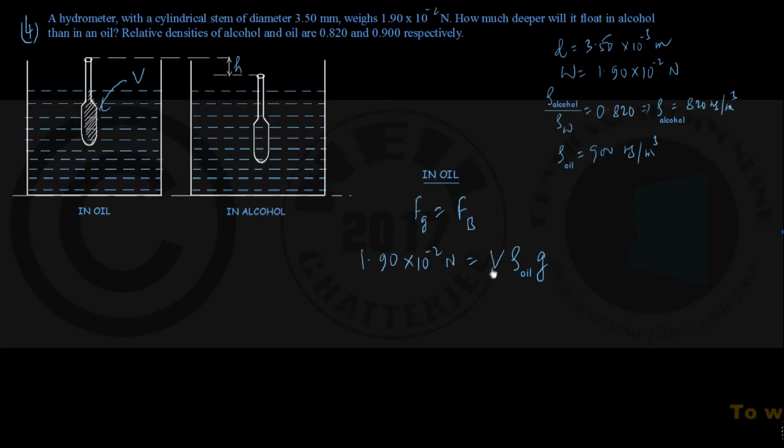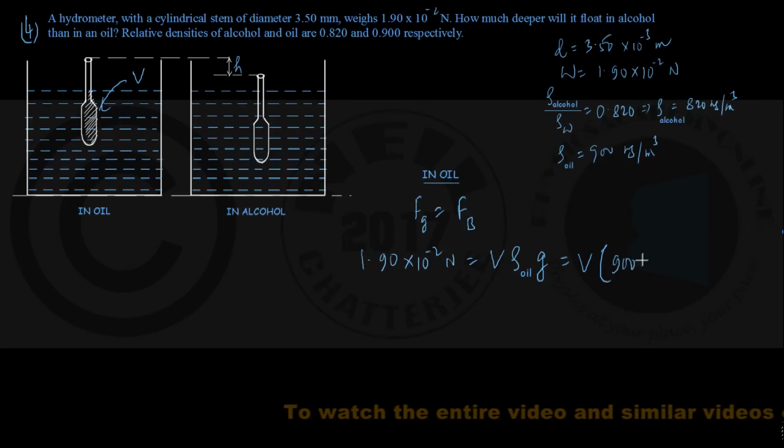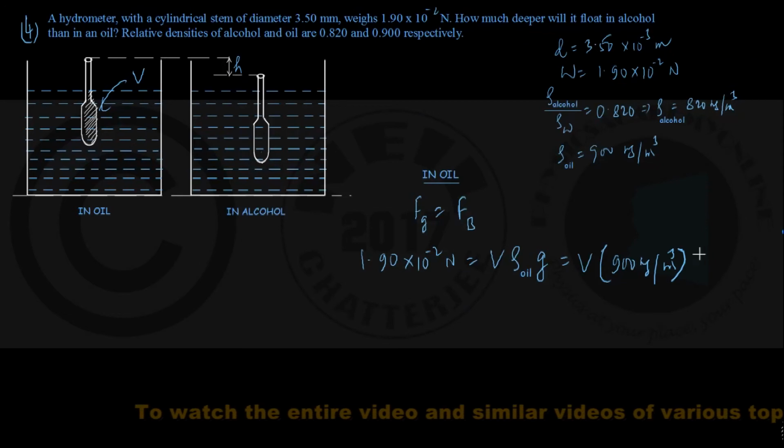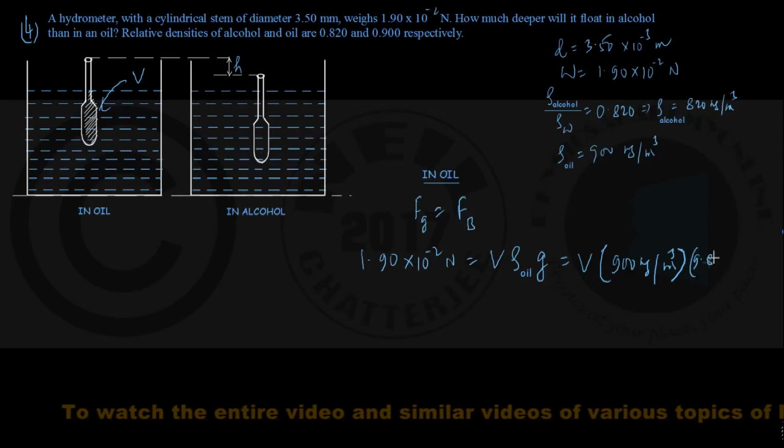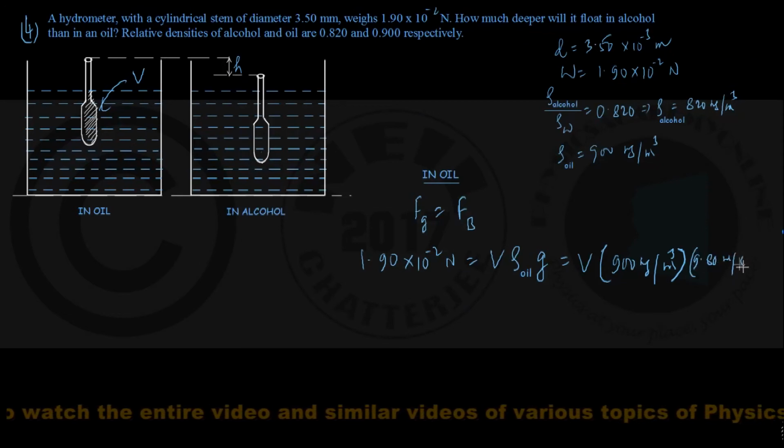I don't know the value of V, it's my assumption, the immersed volume of this hydrometer, but putting the other two data, this is giving me capital V into density of oil, that is 900 kg per meter cube, times the value of free fall acceleration, 9.80 meter per second square.